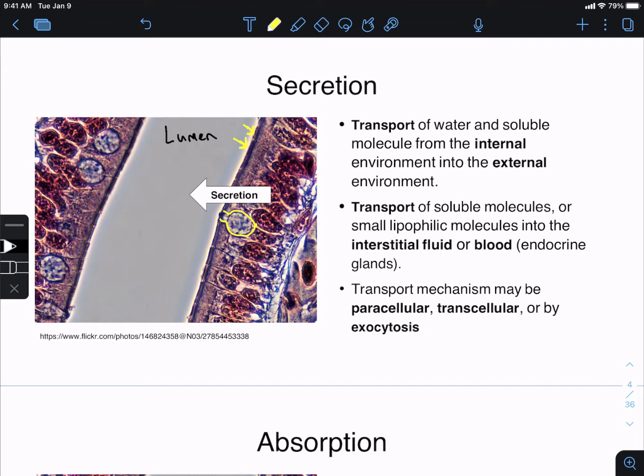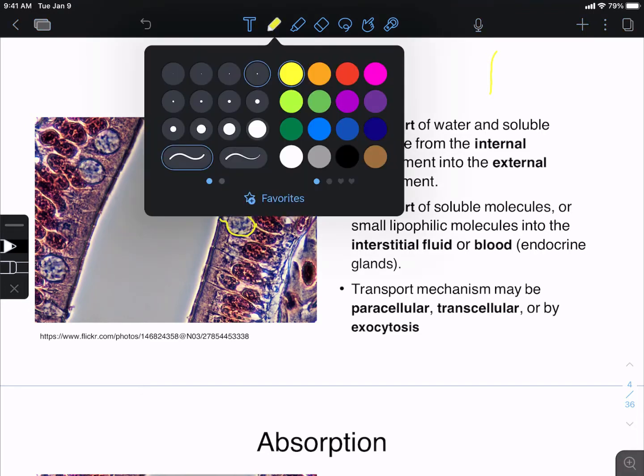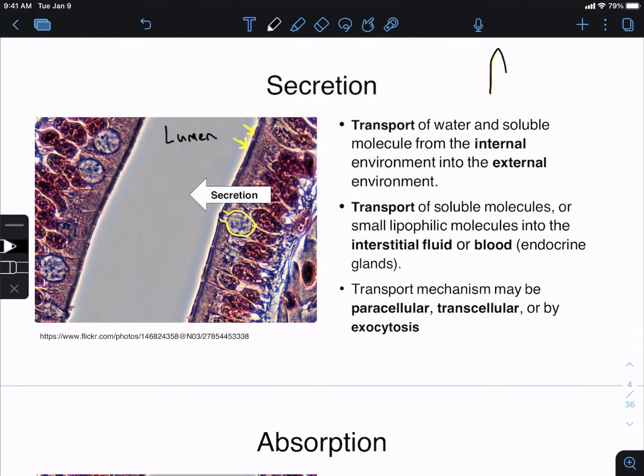So if you were to zoom in on the apical membrane of the cells in the digestive system in the intestines, you would see these finger-like projections, like so. And these are the villi.